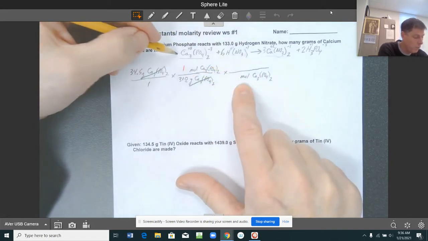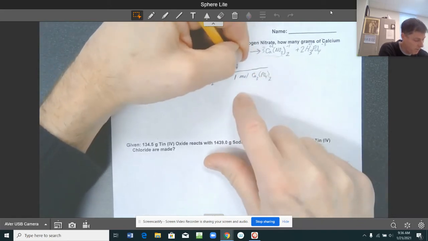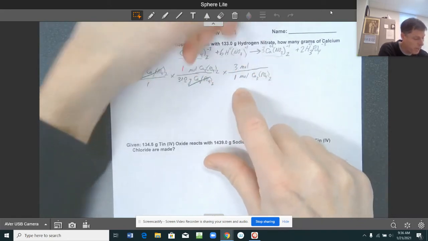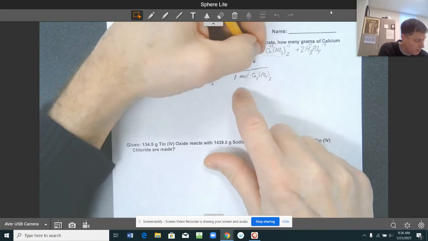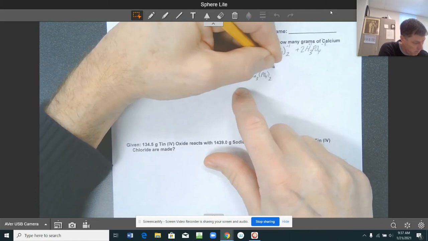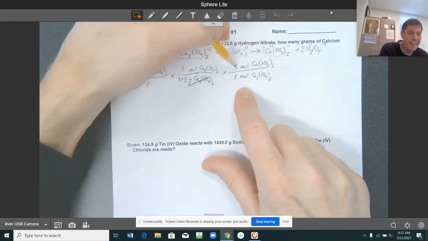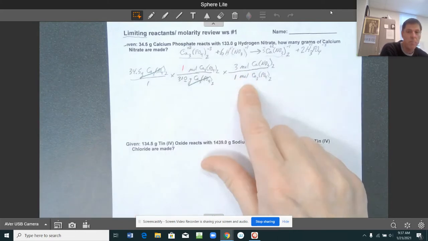So it takes 1 mole of this to create 3 moles of this. That's why we needed that balanced equation. That's going to help us with the law of conservation of mass. Okay, so I could do that. Now I could stop right here and get a mole value of calcium nitrate.